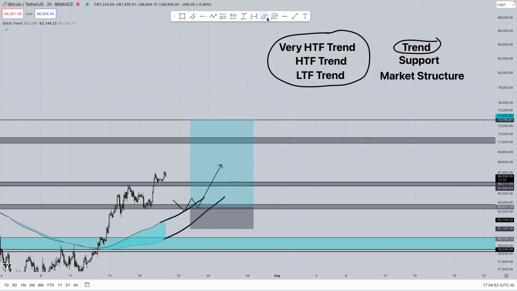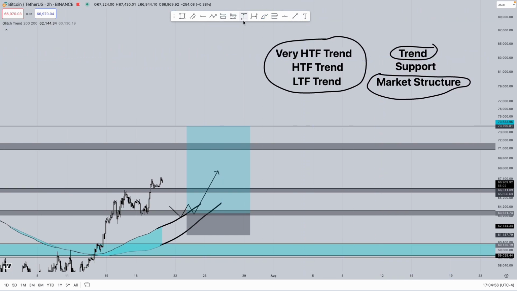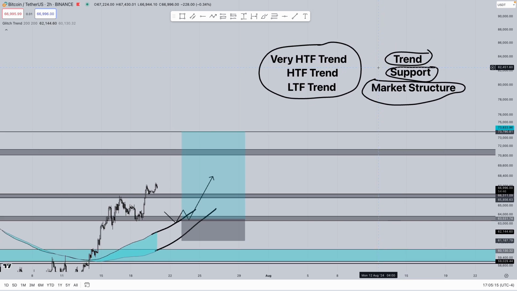Not always mandatory, but it does give you additional confirmation for your trade. So simply three main things. You identify your trend, and then you identify a support level, and then you identify a market structure and take your trade if all 3 of these are aligned, especially if 2 of these are aligned. That would be your trigger to entry.